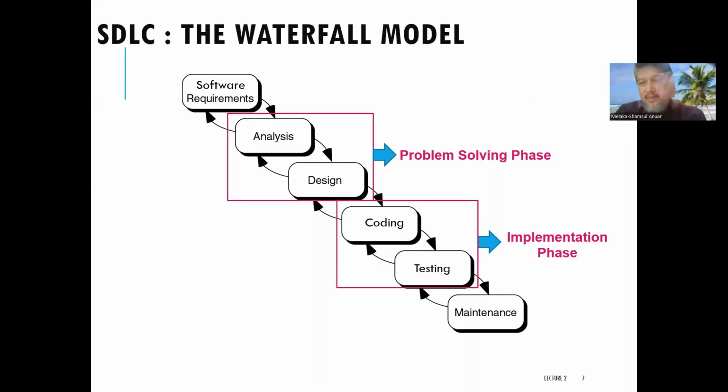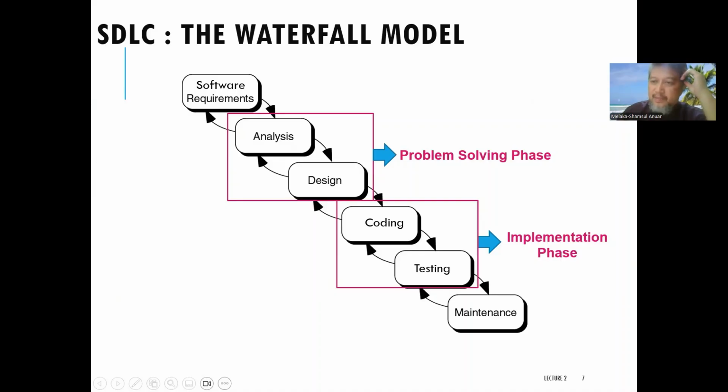And it is a loop, so you can go back and forth between each of the steps. Then you can cluster it, like analysis and design is the problem solving phase, coding and testing is the implementation phase. Okay, so yeah, you got to follow the phases.